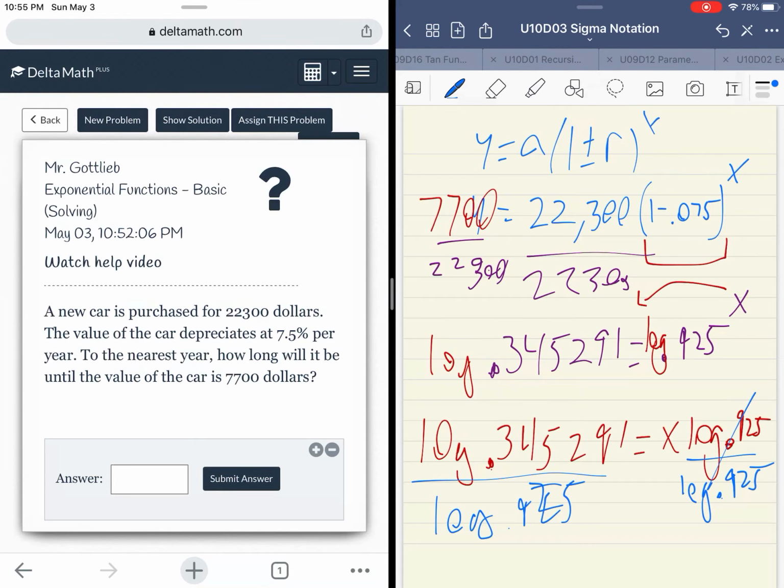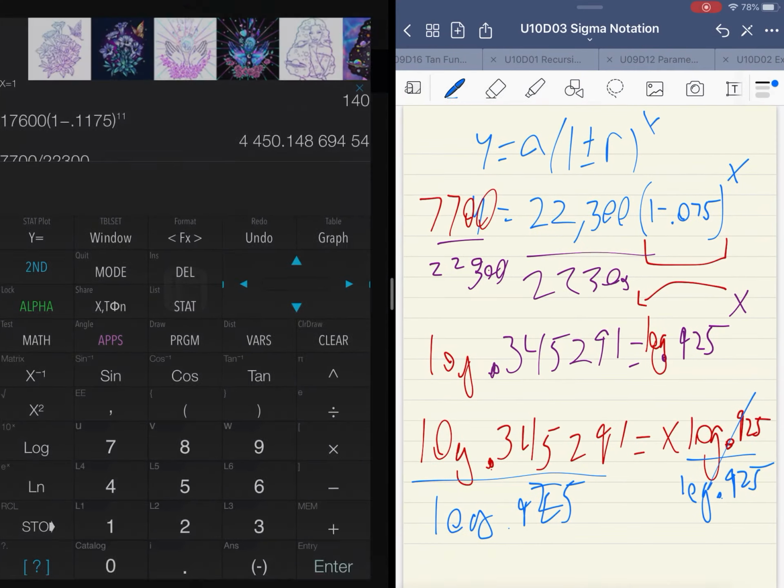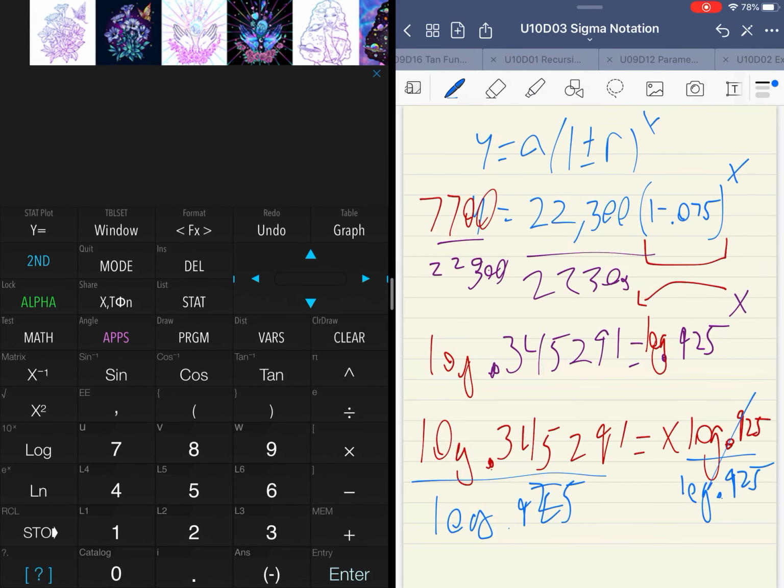And we'll just see what our calculator gives us. So I'm going to pull up the calculator, put it on this side for a change. We'll do log of 0.345291 divided by log of, oh, I should have closed the parenthesis. Let me go back.